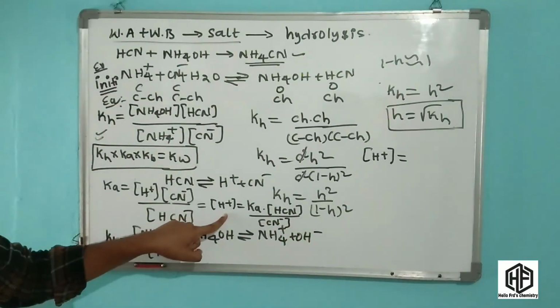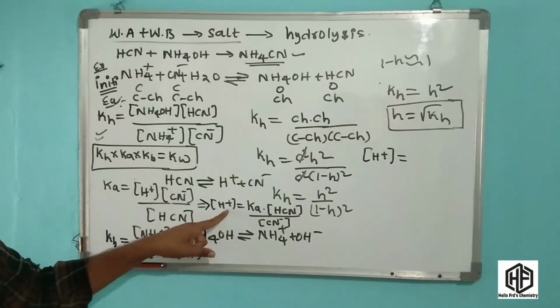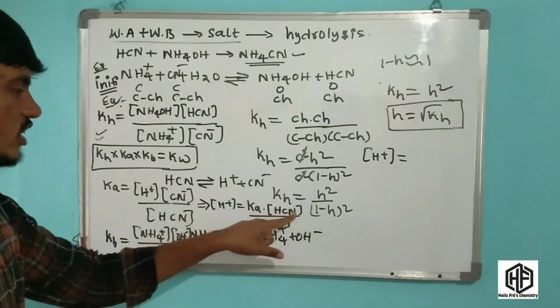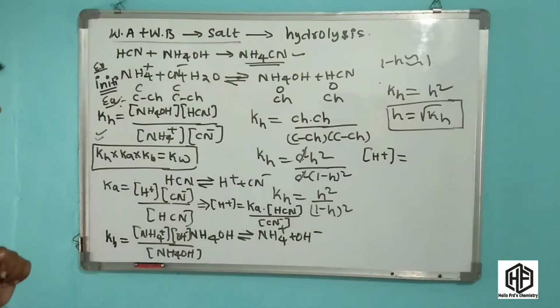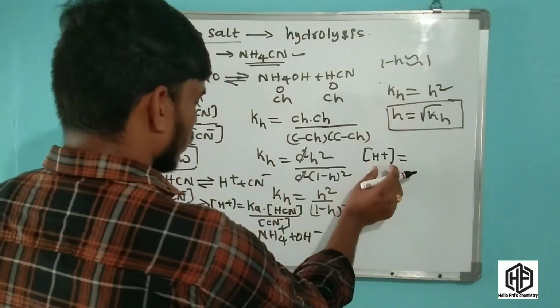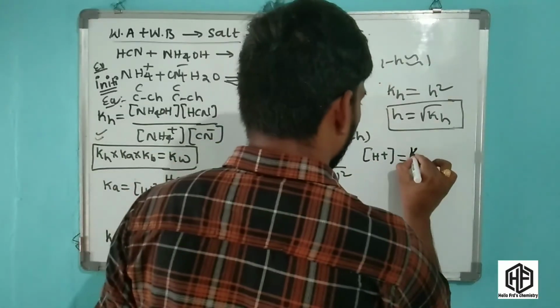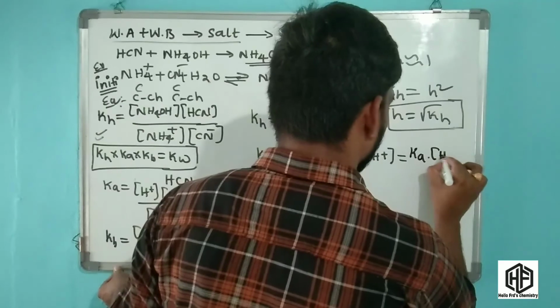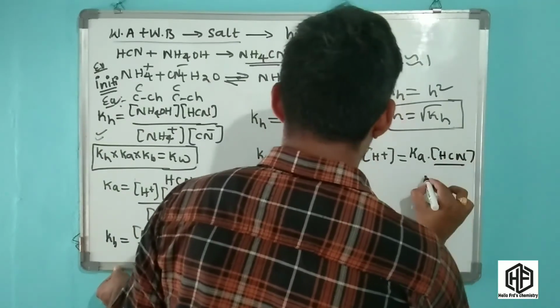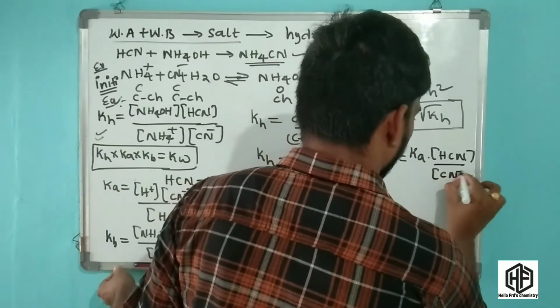Friends, the concentration of H plus is equal to Ka into concentration of SCN by concentration of CN minus.